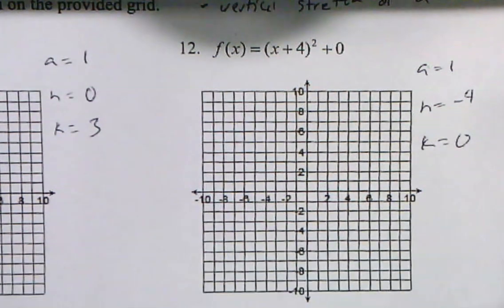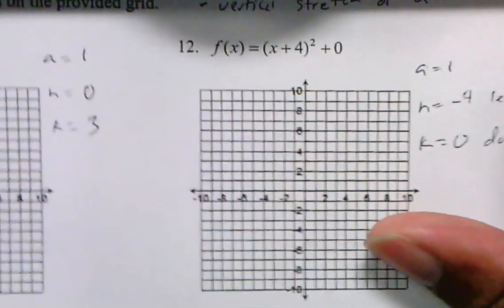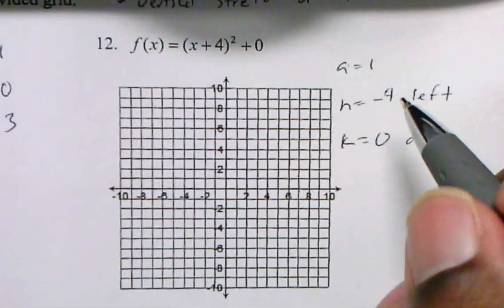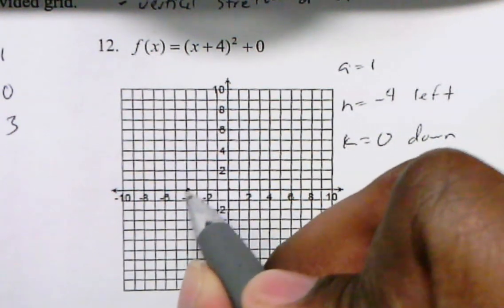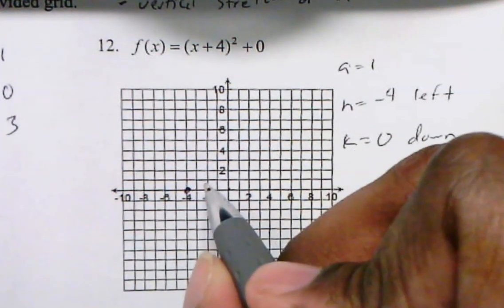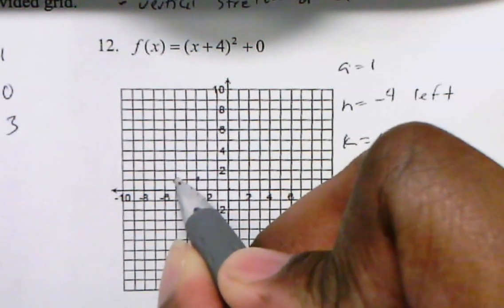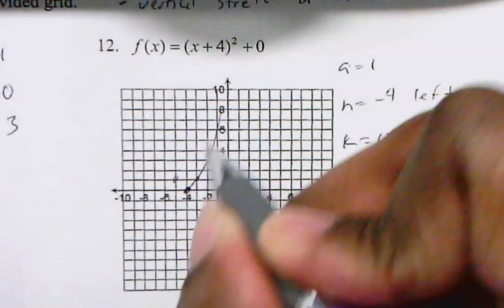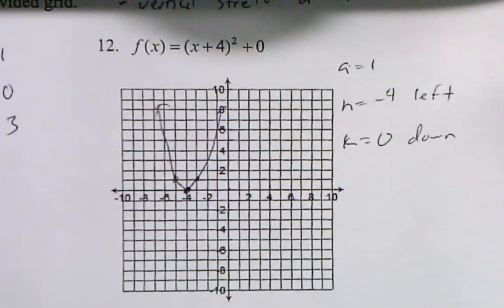K equals 0. So that means I go left 4, up or down 0, and A is 1. So from this graph, I go left 1, 2, 3, 4. And I go up 0. And since A is 1, I go over 1 and up 1, over 1 and up 1. I got these 3 points. That's a pretty safe graph.